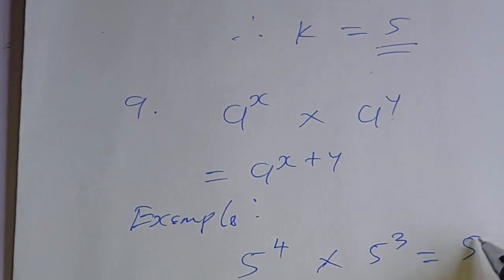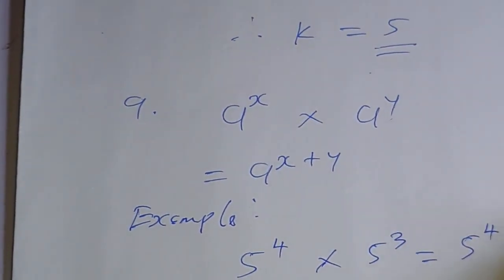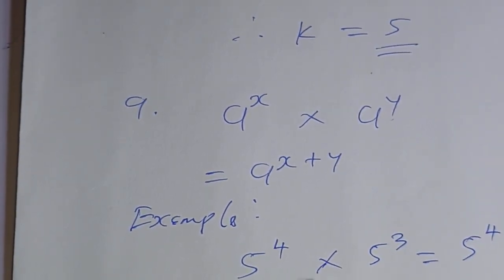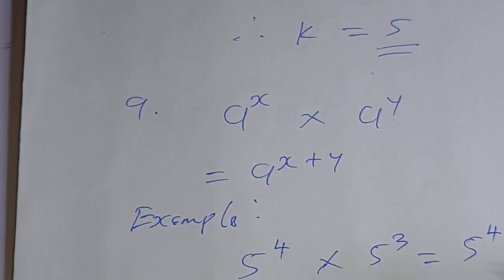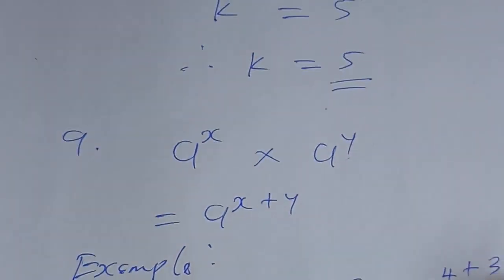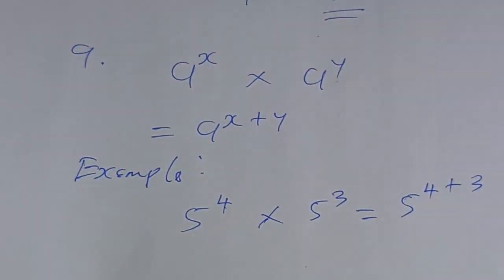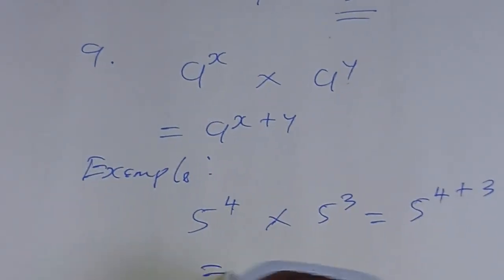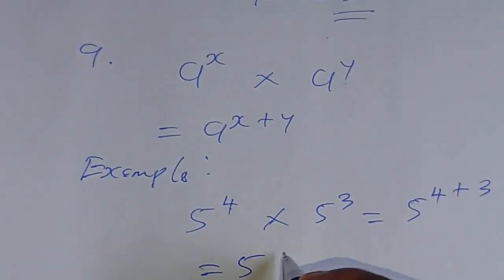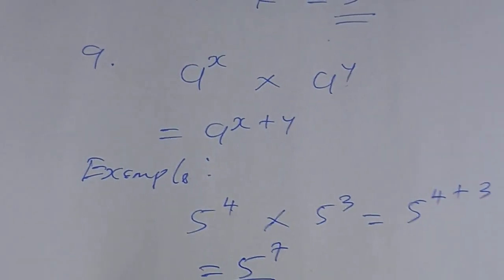So you just take 5 raised to the power 4 plus 3. You take one of the bases and then sum up both indices, both powers. The powers here are 4 and 3. That's 5 raised to the power 4 plus 3, and that will give us 5 raised to the power 7. That's just it.